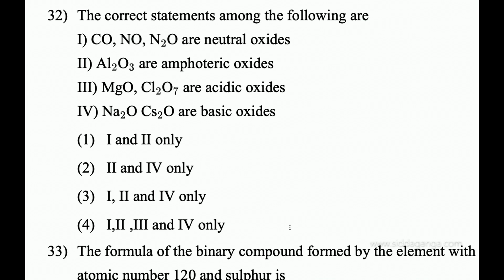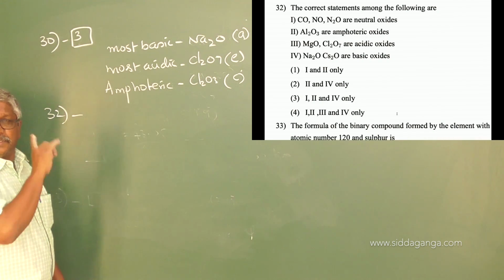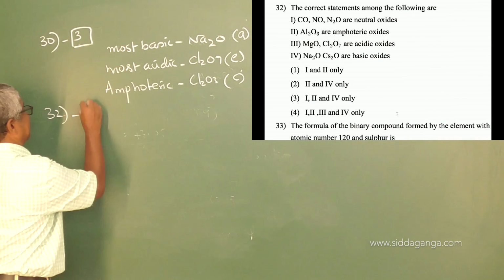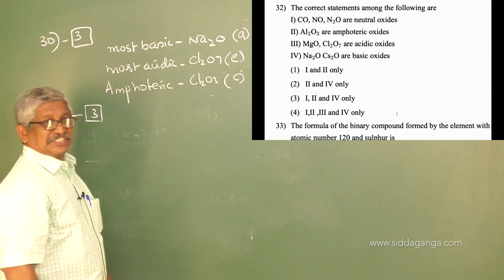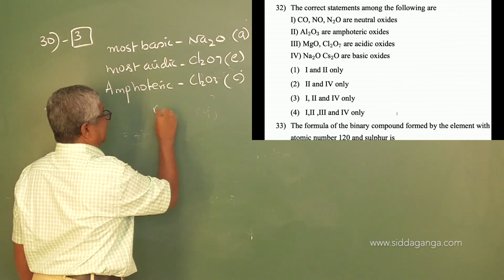The correct statements among the following: the first one is correct, the second is also correct, the fourth is correct, but magnesium oxide is a basic oxide, while the option given is acidic oxide. So the wrong statement is 3. Look at the options 1 to 4, it is option 3. The first is correct, the next is also correct, the next is wrong, and the next one is correct.